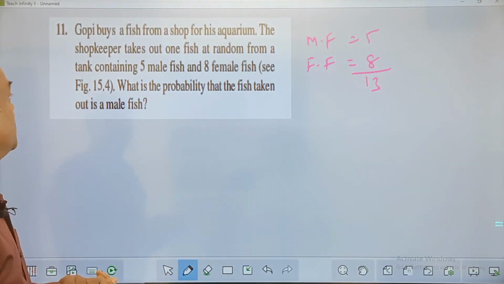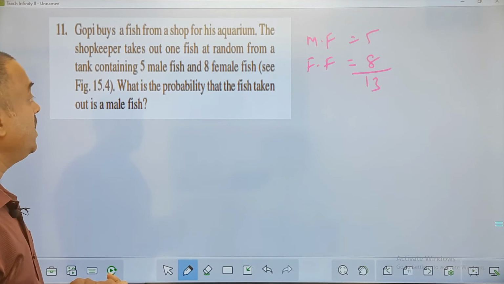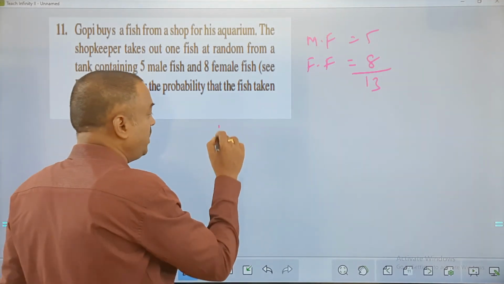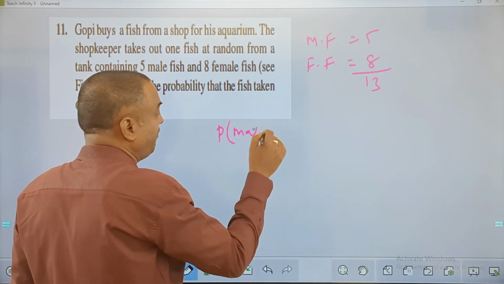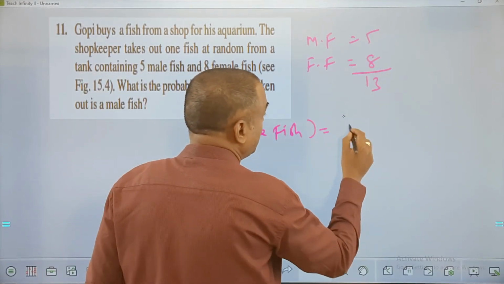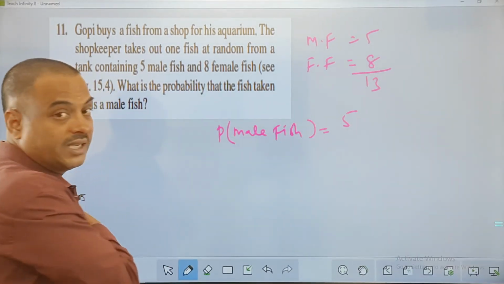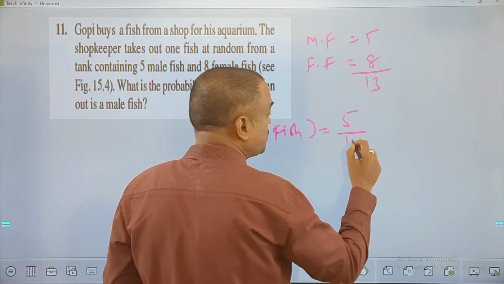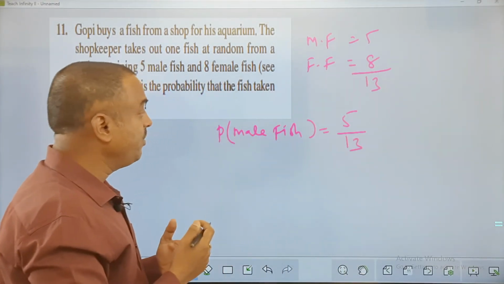Now the question is, what is the probability that the fish taken out is a male fish? How many male fish are there? 5. So favorable outcomes are 5, upon the total number, which is 13. So the answer is 5 out of 13.